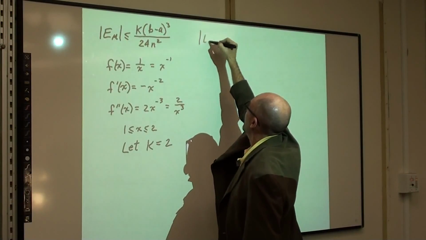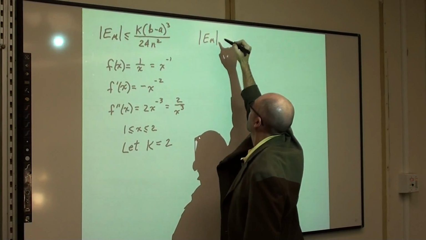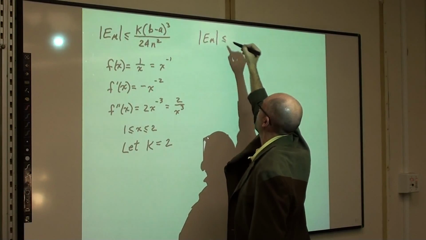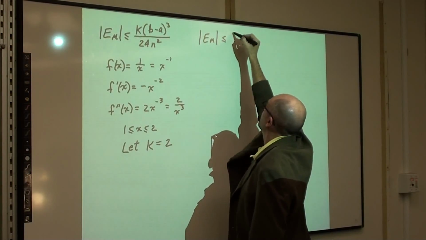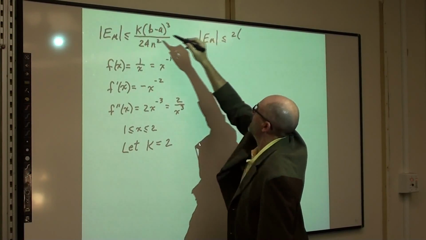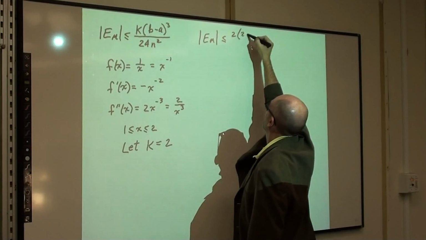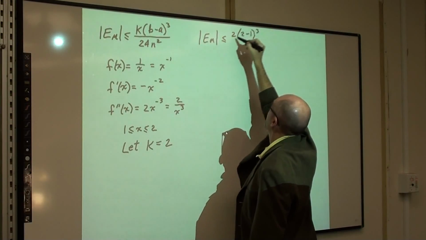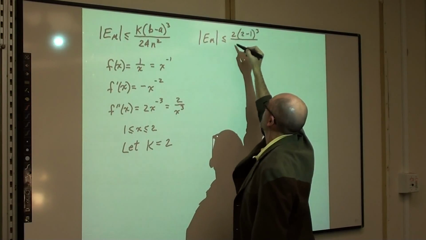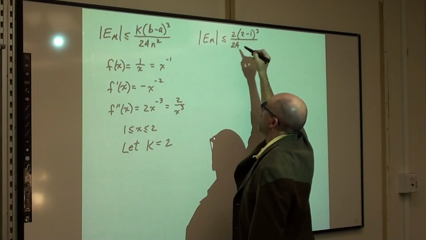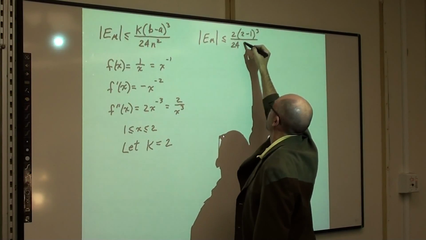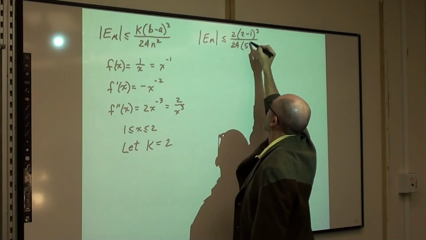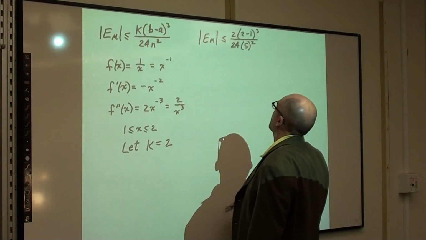So that means our error is going to be within 2 times (2 minus 1) quantity cubed over 24. And we took 5 rectangles, so times 5 squared.